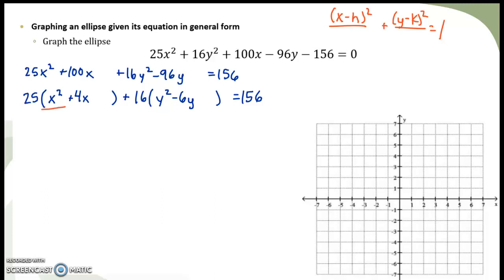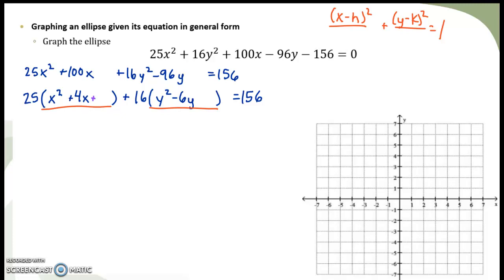So I need to complete the squares here, and if we remember how to complete the squares, I have some videos where I complete squares on circles. But the question is, what do I need to add to the end of this x squared plus 4x in order to be able to factor it into a perfect square?